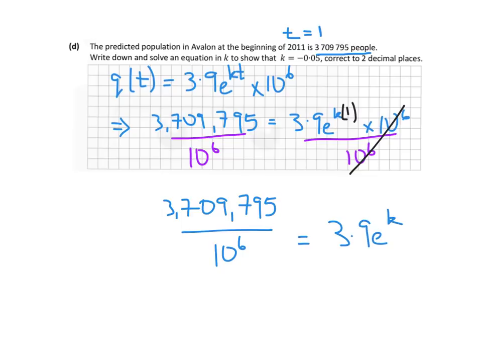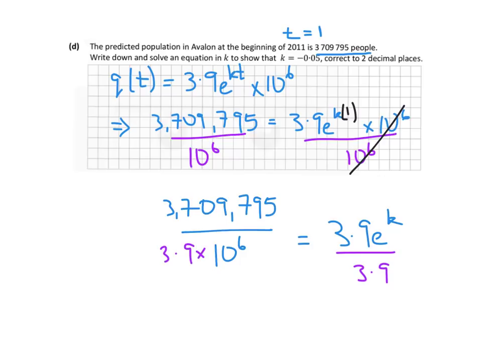Okay, and so dividing here by 3.9 will get rid of the 3.9 on this side. So I'm also dividing here by 3.9.